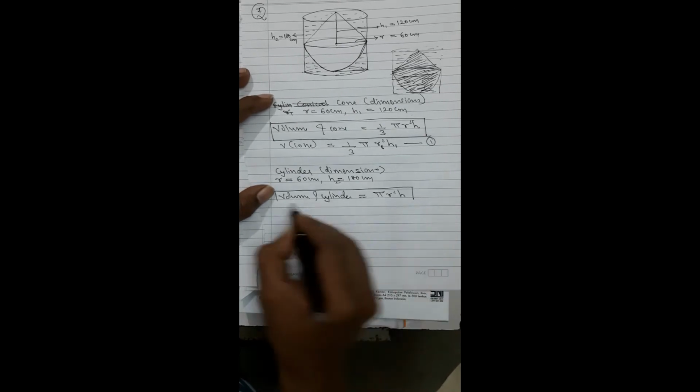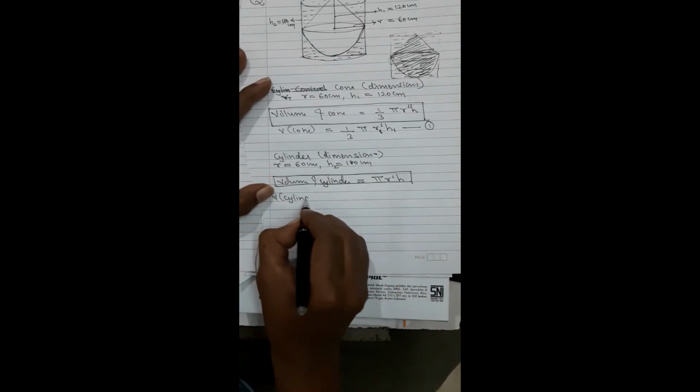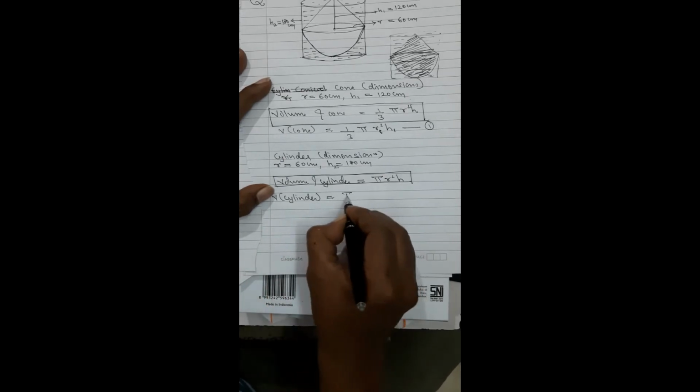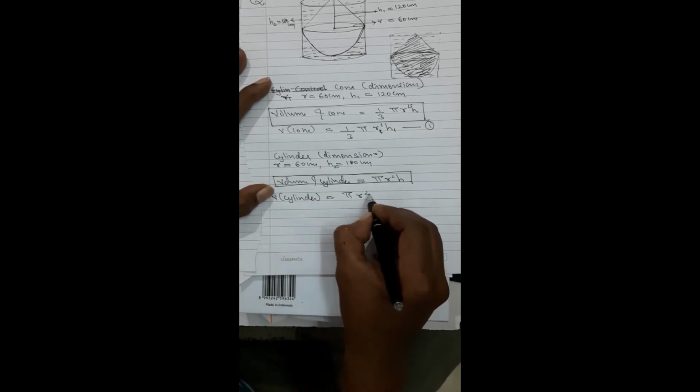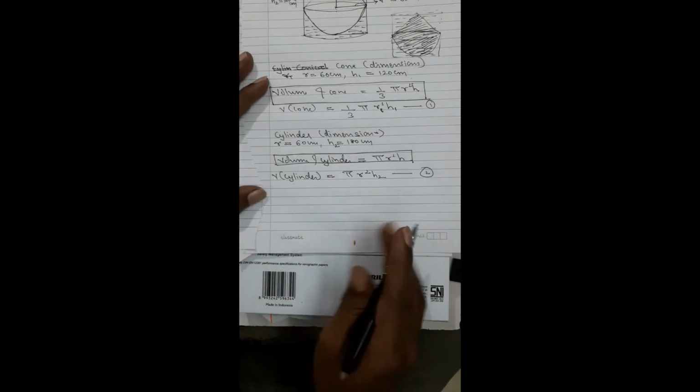This is the formula for volume of cylinder. Therefore the volume of cylinder that I have got is equal to pi r square h2, because the radius is going to be same. This is second. Fine. Now I am coming to hemisphere.